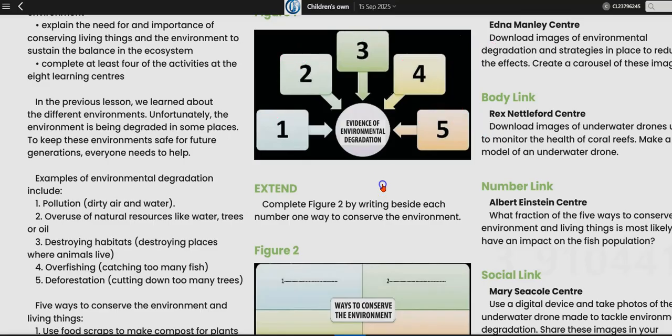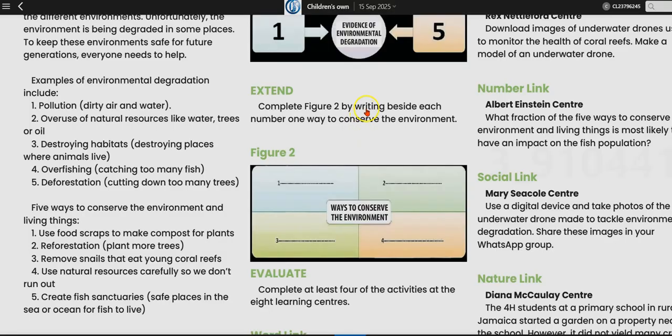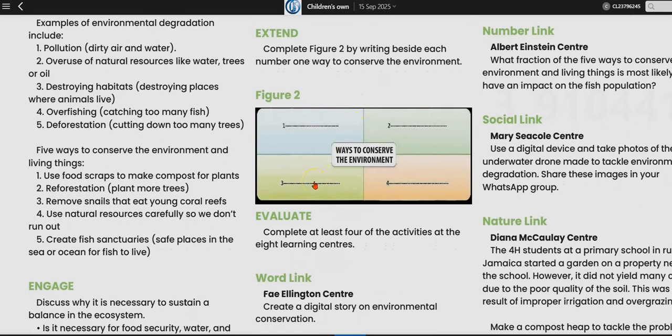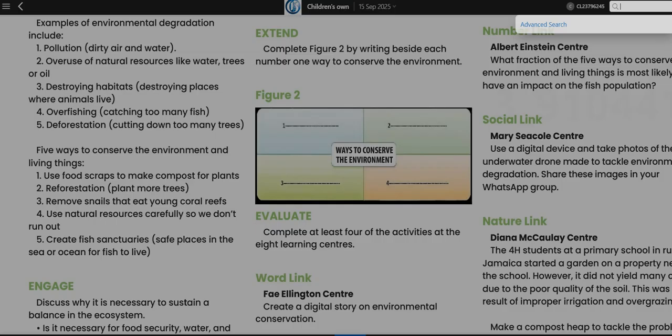Let's extend now. Complete figure 2 by writing beside each number one way to conserve the environment. Let's go with this: we could say you use scraps for composting. We heard about fish sanctuaries, right? So fish sanctuaries.